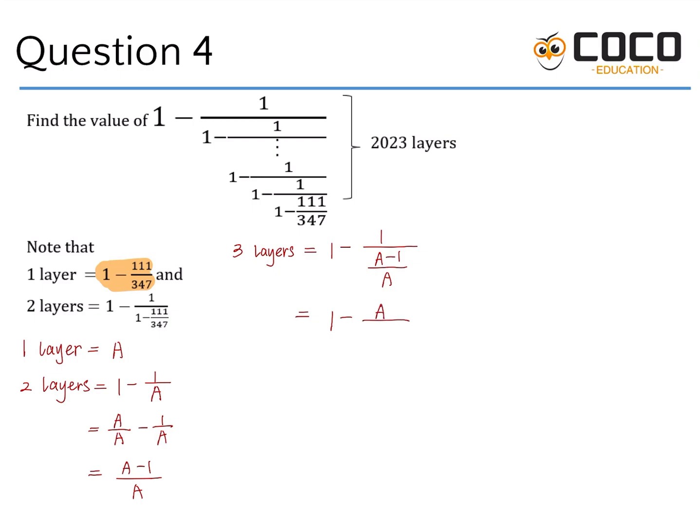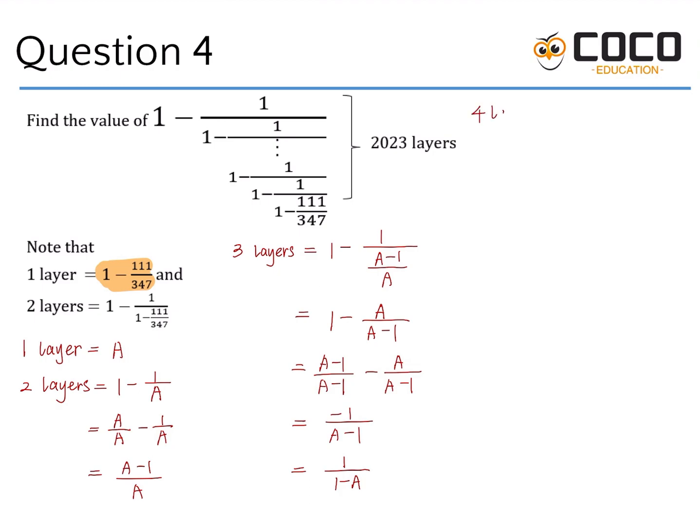This is A over A minus 1. Now 1 equals to A minus 1 over A minus 1, then minus A over A minus 1. So A minus A cancel each other. This is negative 1 over A minus 1. So rearrange it, it is also 1 over 1 minus A. Take out the negative sign here.